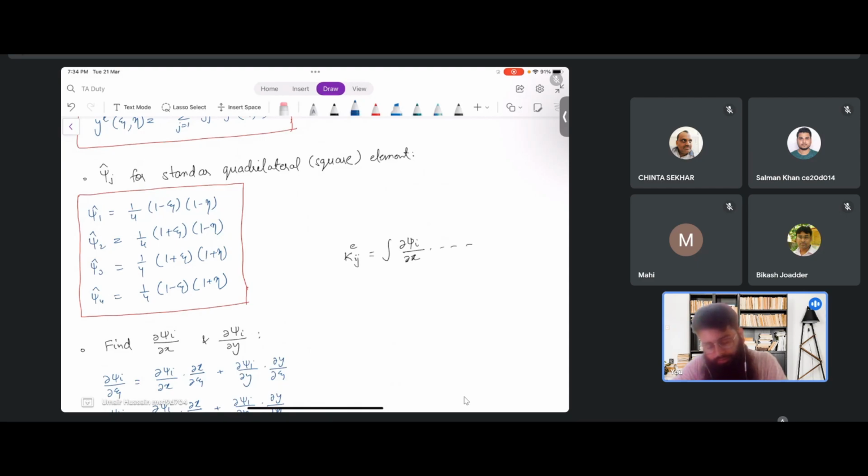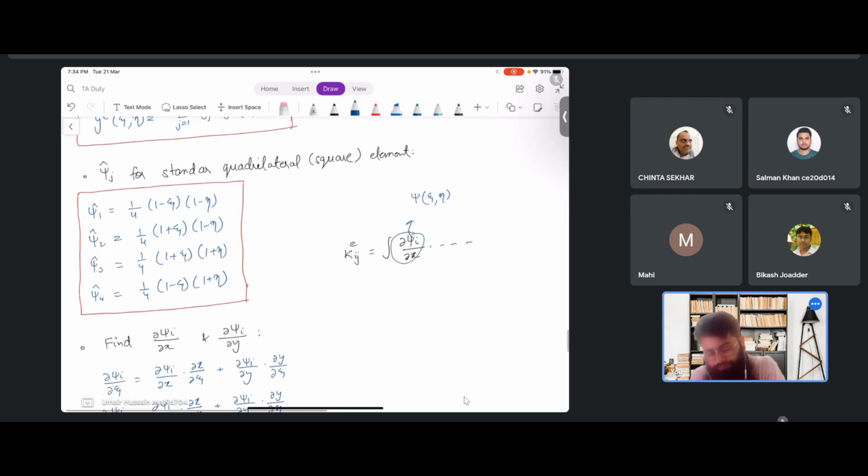Since we know these psi as a function of zeta and eta only, but we need to find the derivative with respect to x.